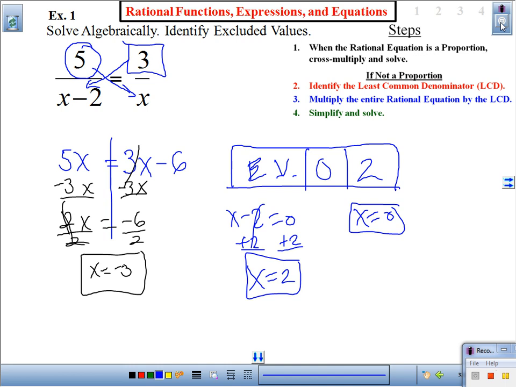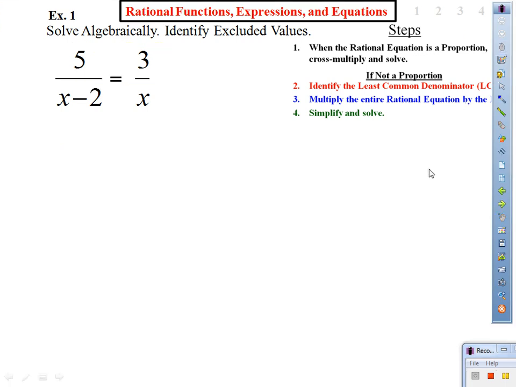Example 1Q. Copy this. Example 1Q says, once again, solve algebraically, then identify excluded values. The proportion given is 1 over x equals 3 over x plus 4. Copy that and go. I'll give you some time.